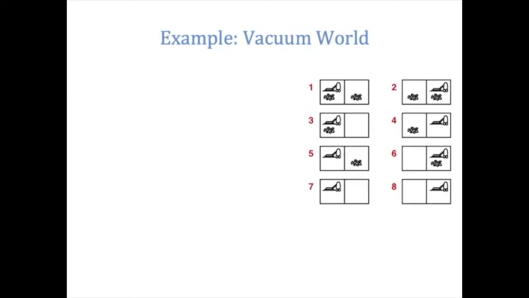So for instance, the first state is the vacuum is in the left side and both left and right are dirty. State 2 is both are dirty and the vacuum is on the right, and so forth. So that's the state space.